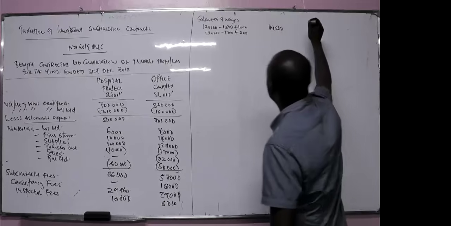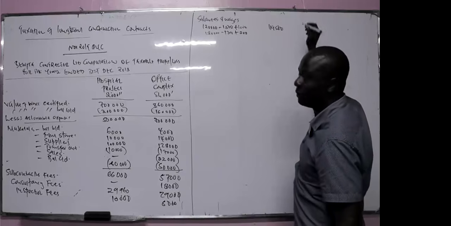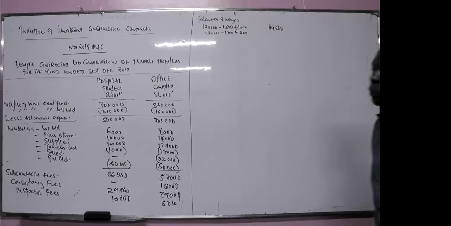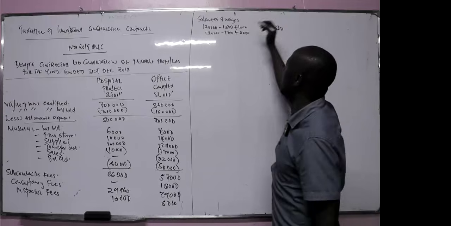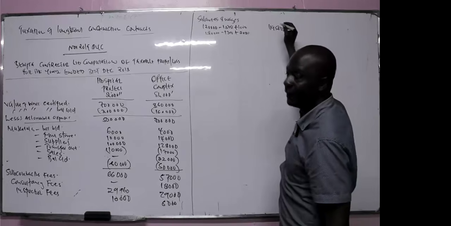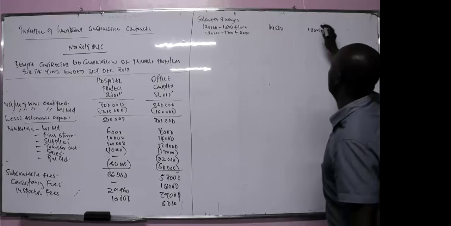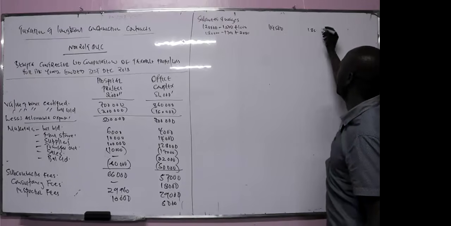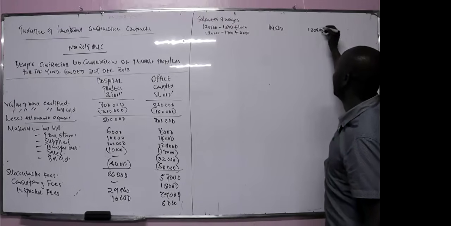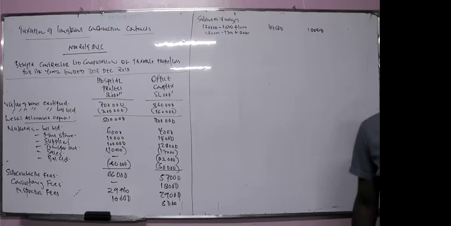And the other one? 179,000. This is 2,000, so it becomes 180,000. We're done with salaries and wages.